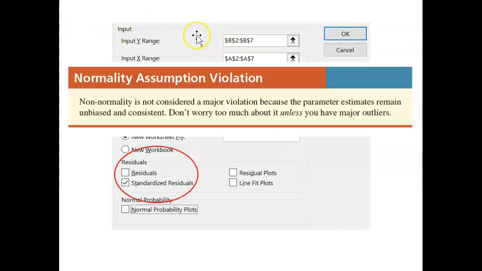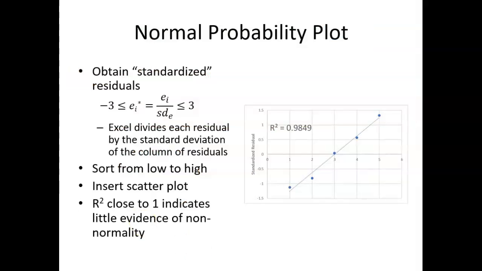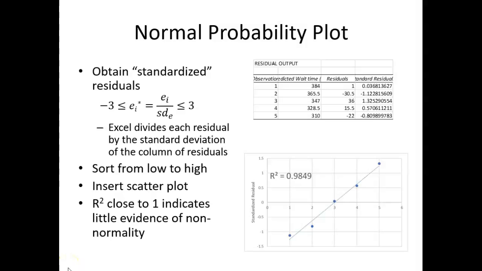In your data analysis function, if you click on standardized residuals, along with the regression output you'll get a table of values. Here's a busy slide that illustrates how to construct a normal probability plot.